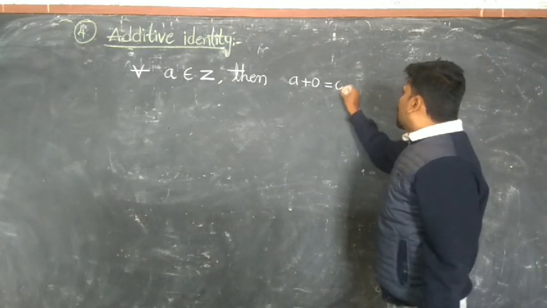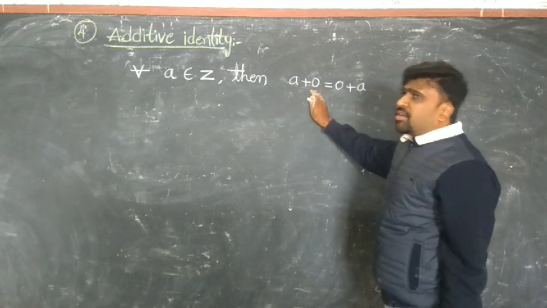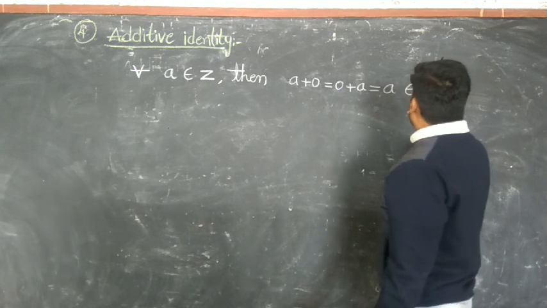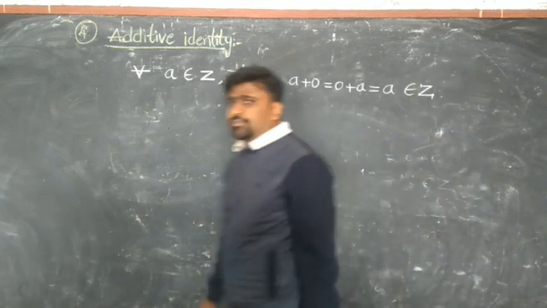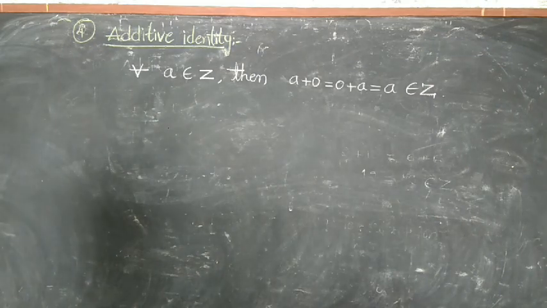Otherwise 0 plus a, whether you add 0 to the second or to the first, the resulting answer is again a only. Same, it does not change. Clear? A plus 0 is equal to 0 plus a, that is the additive identity. Clear?